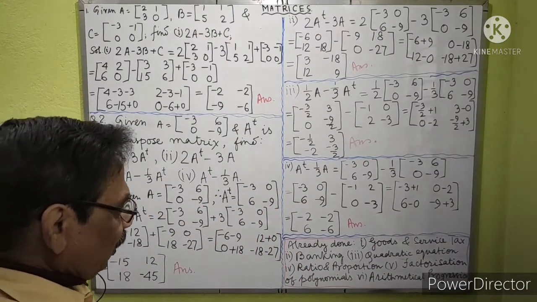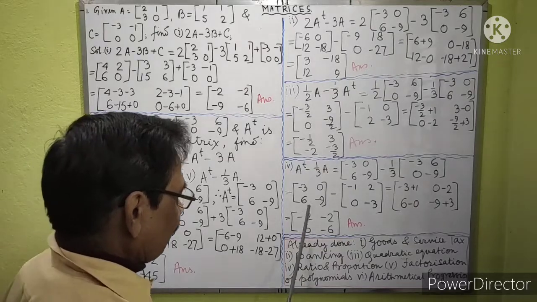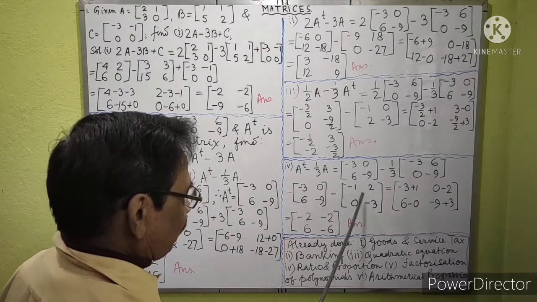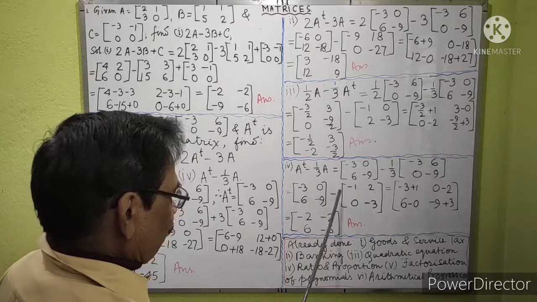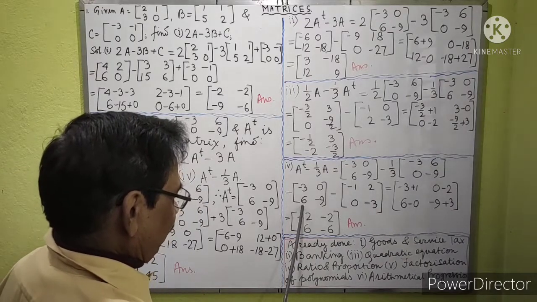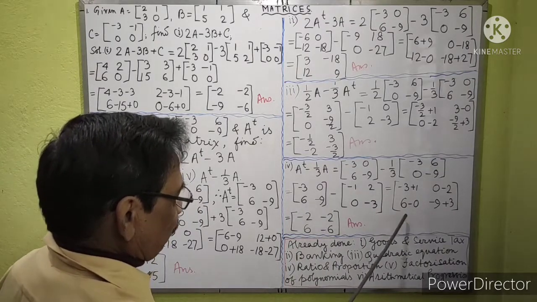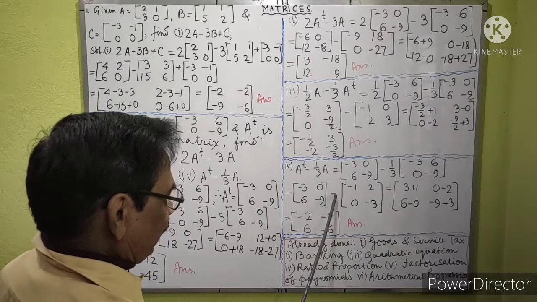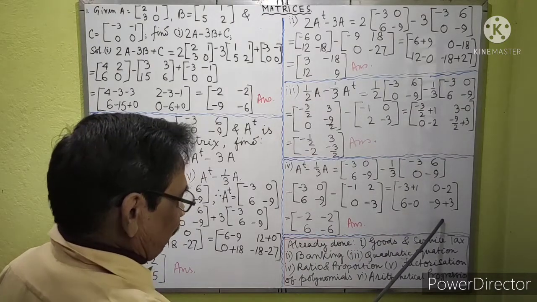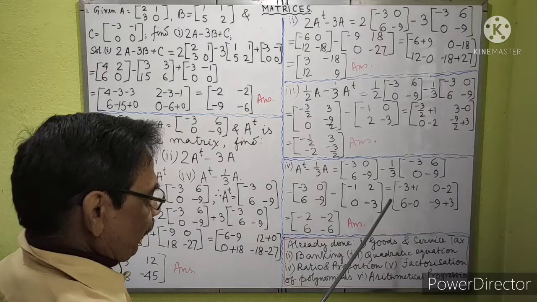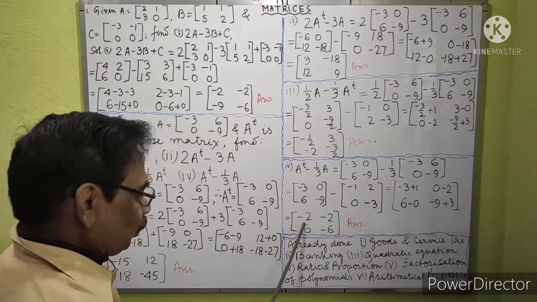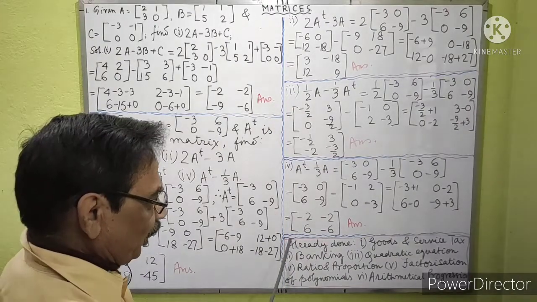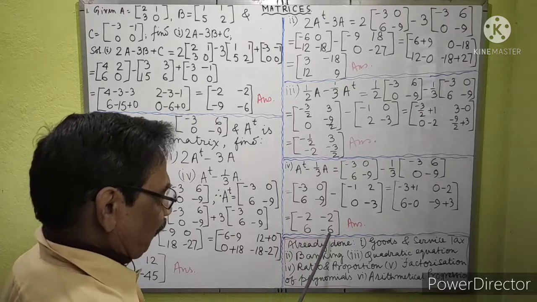So the result will be minus 3 minus minus 1, 0 minus 2, 6 minus 0, and minus 9 minus minus 3. So it is [-2 -2; 6 -6]. This is the answer.